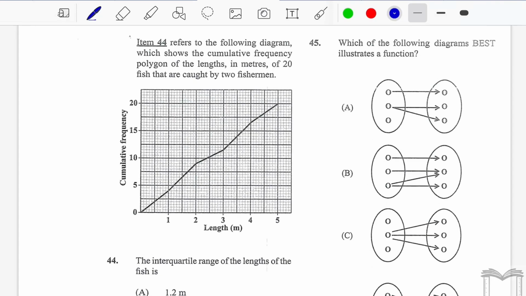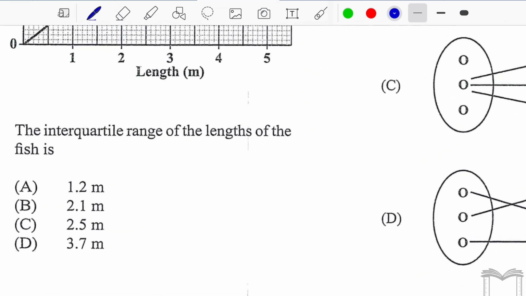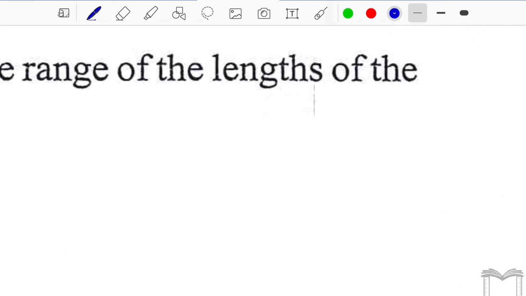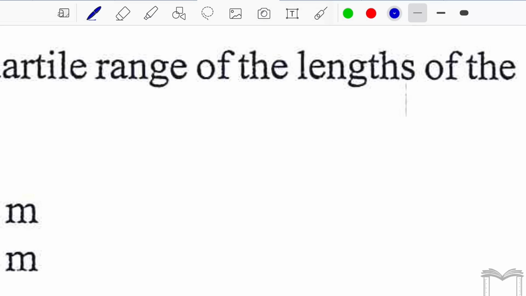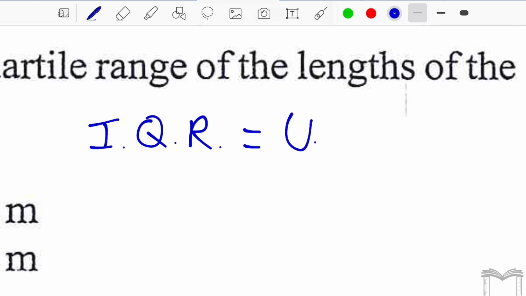So let's do that. The interquartile range, there's a simple formula. Interquartile range is equal to the upper quartile minus the lower quartile.